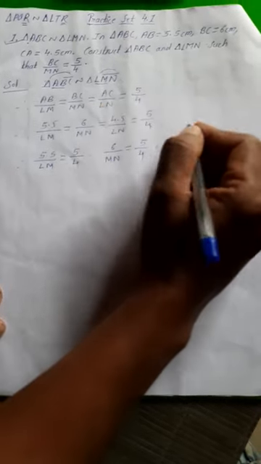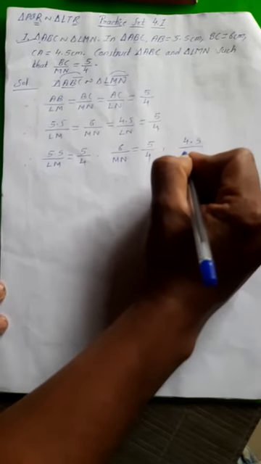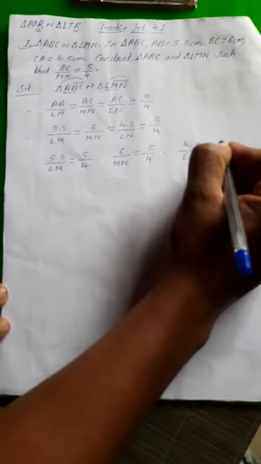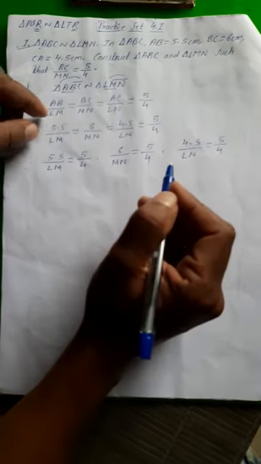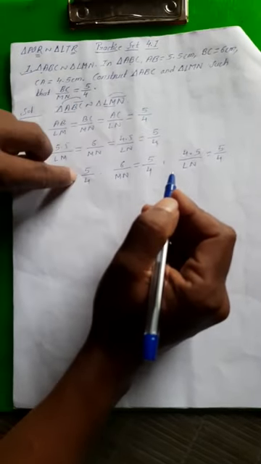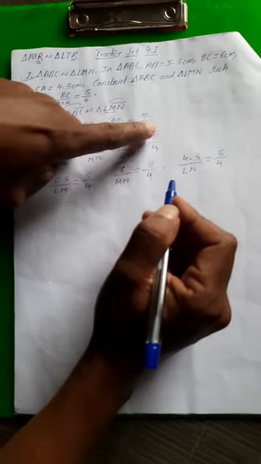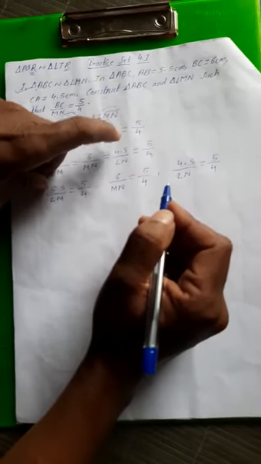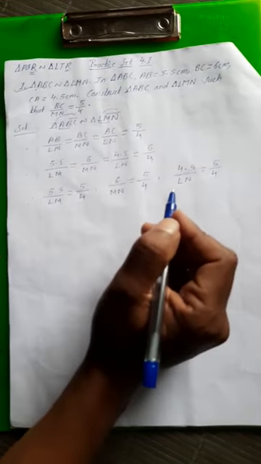And the third one, 4.5 upon LN is equal to 5 upon 4. So 5.5 upon LM is equal to 5 upon 4, the first ratio. 6 upon MN is equal to 5 upon 4, the second. And the third, 4.5 upon LN is equal to 5 upon 4.